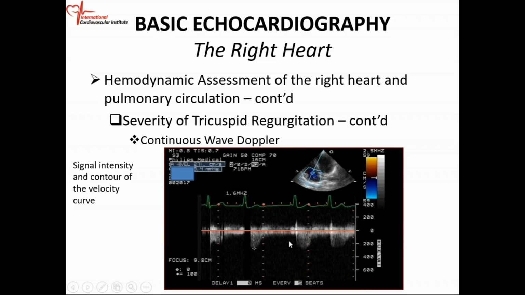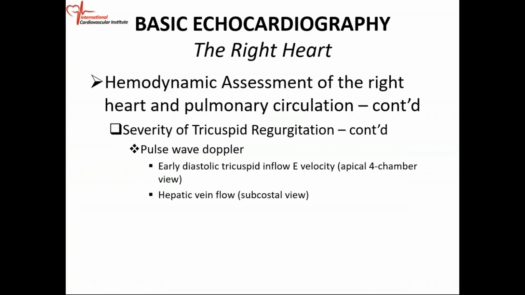If the contour is triangular, and if the density is very dense, then that suggests severity. So something like this, it's faint and it's rounded, more than likely it's not severe.